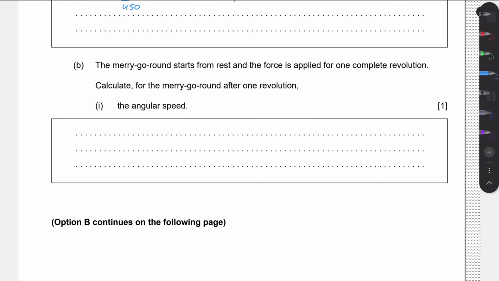So we can use the SUVAT equations: the final speed squared is equal to the initial speed squared plus 2 times the angular acceleration times the change in angle. We know that the initial speed was 0, so the final speed squared, which we want to find, will be 2 times this acceleration times the angle swept.